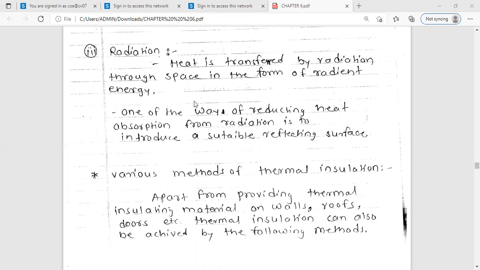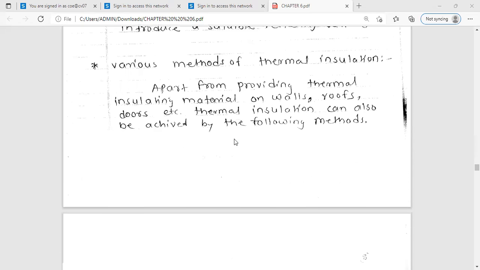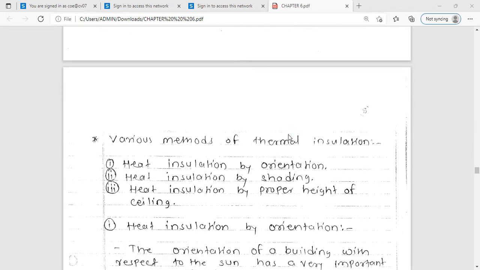Such kind of surfaces we have to go for the provision, over the roof, so we will be able to achieve the heat insulation. Various methods of thermal insulation are there, apart from providing the thermal insulating materials on walls, roofs, doors, etc. Thermal insulation can also be achieved by the following methods: heat insulation by orientation, heat insulation by shading, heat insulation by proper height of ceiling.